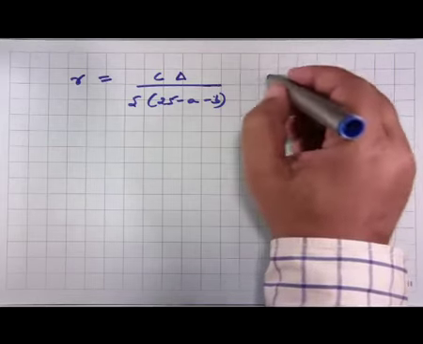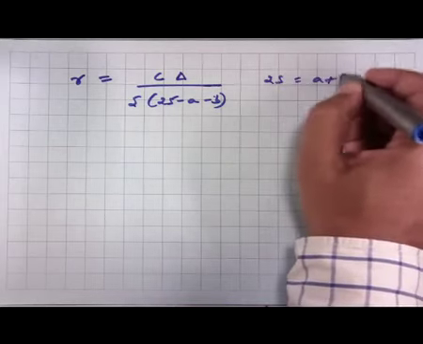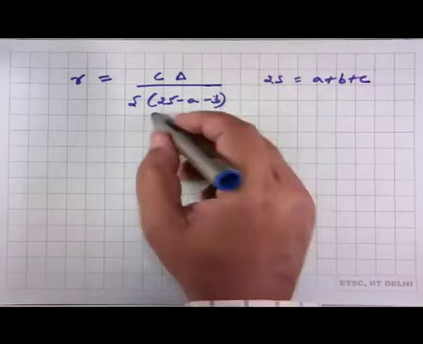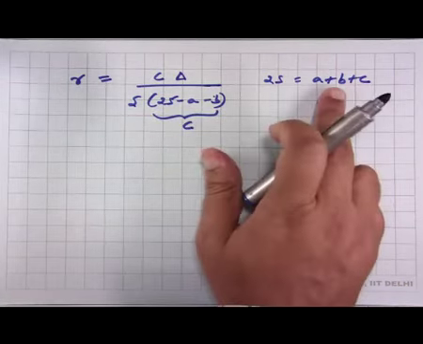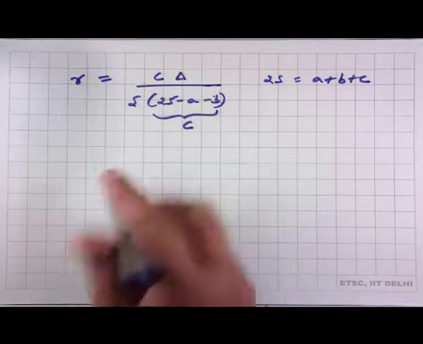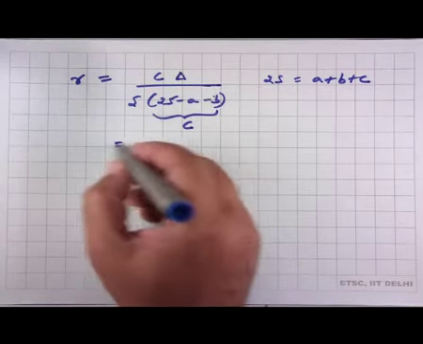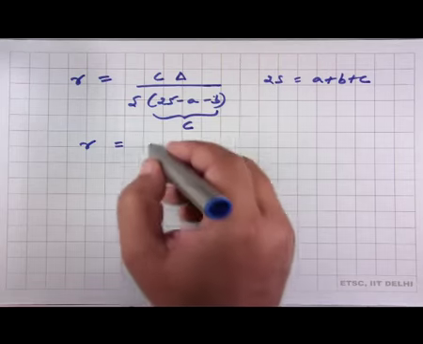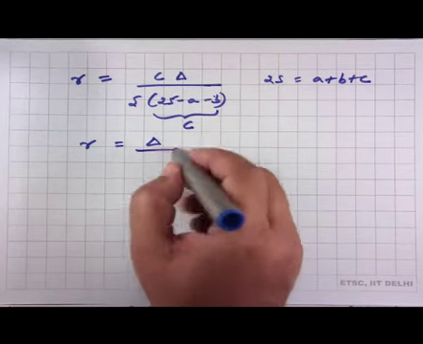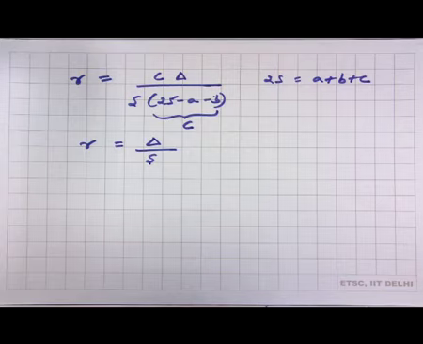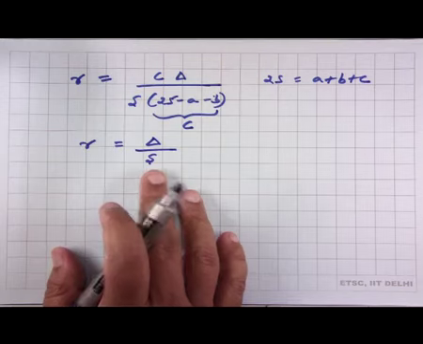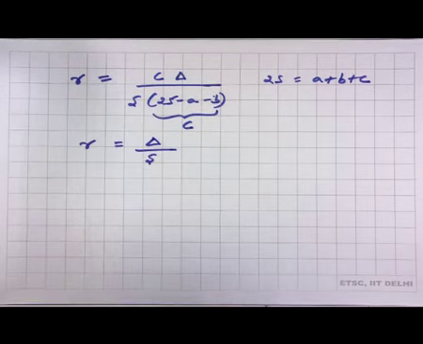We know that 2s is equal to a plus b plus c, and therefore, it is clear that this is equal to c from here, and then this c and this c would cancel, and therefore, what remains is that the radius of the inner circle is equal to the area of the triangle divided by the semi perimeter. So, this is the formula for the radius of the inner circle of the triangle ABC.